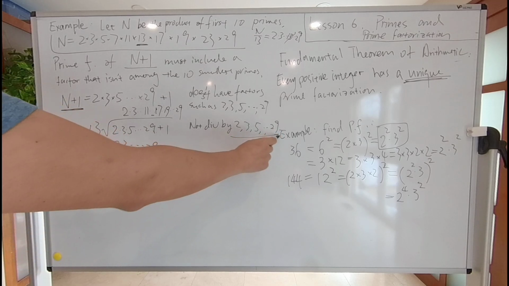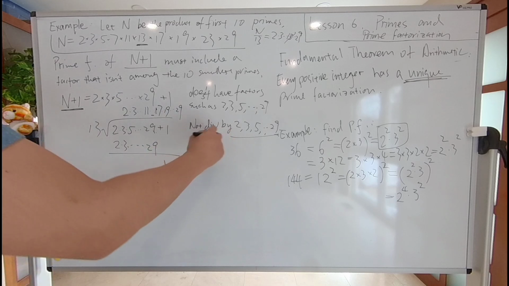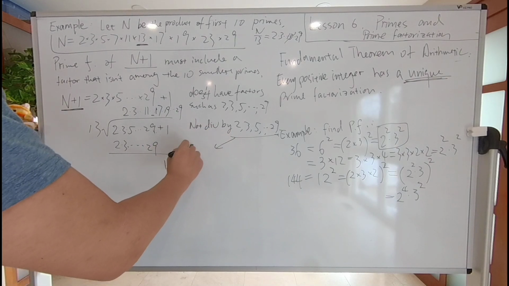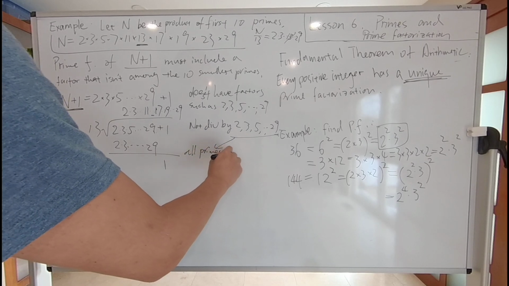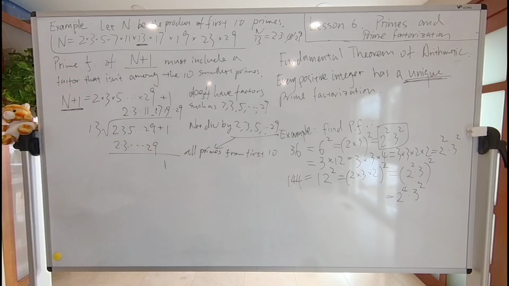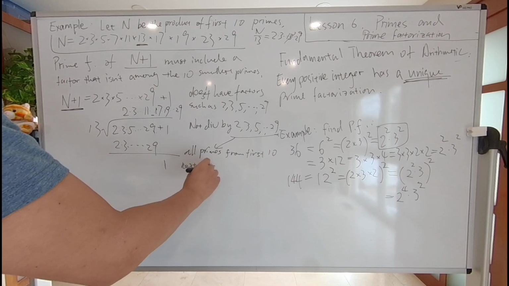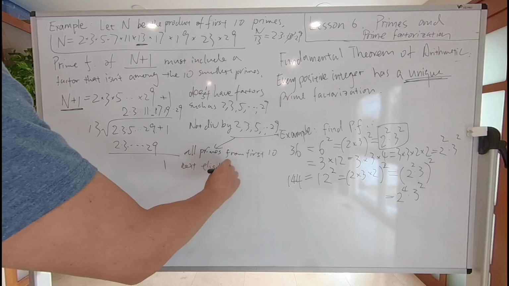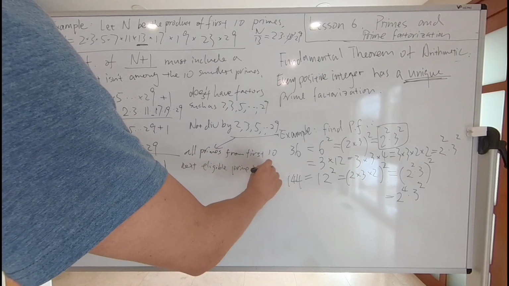And this list of numbers already contains all the primes from the first 10. So which means the next eligible prime must be greater than these numbers.